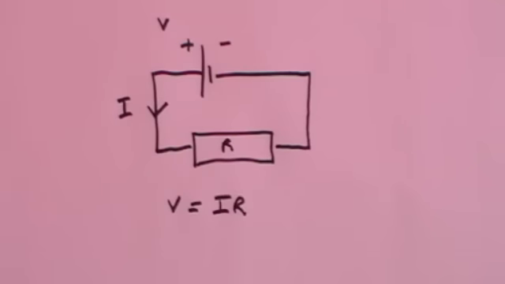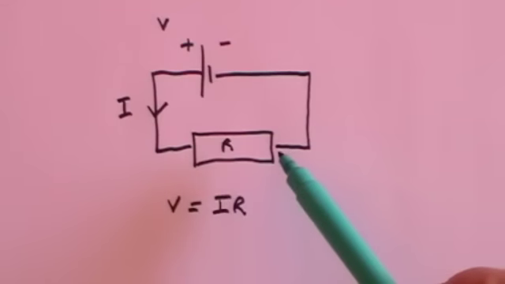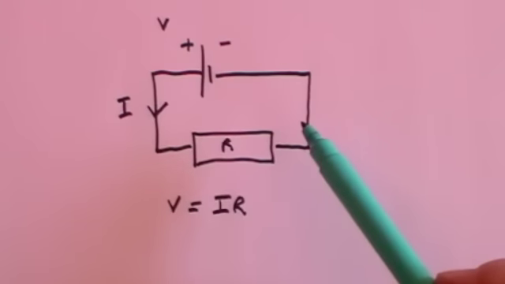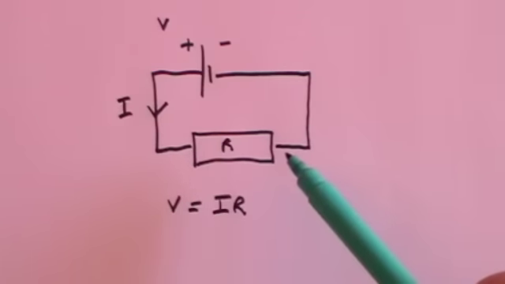Now, we've made an assumption in this diagram. Firstly, we've assumed that the wire, which connects the battery to the resistance, has no resistance, because we're not accounting for any resistance in the wire. And for all practical purposes, that's probably right, because we've probably used a copper wire, which has a very, very low resistance. It's not having any real impact on the circuit.